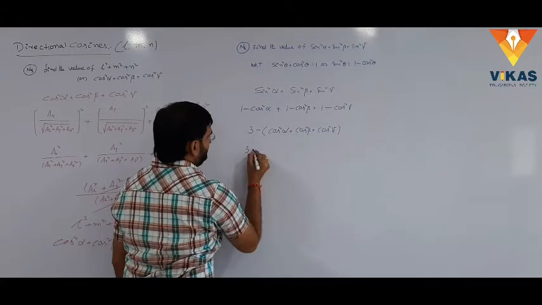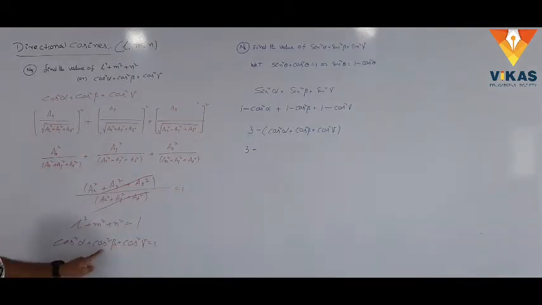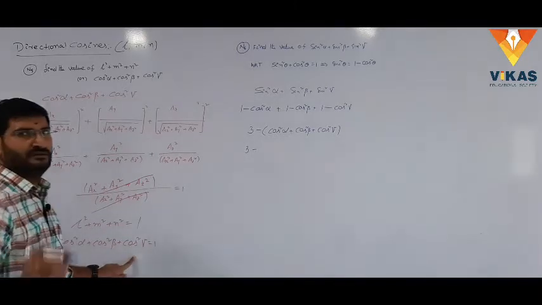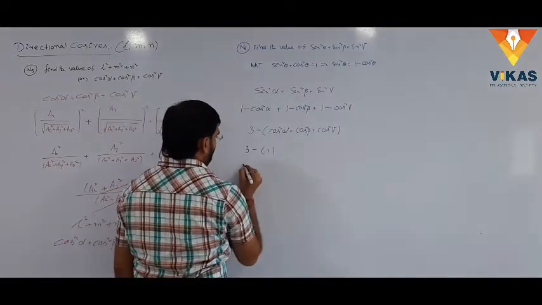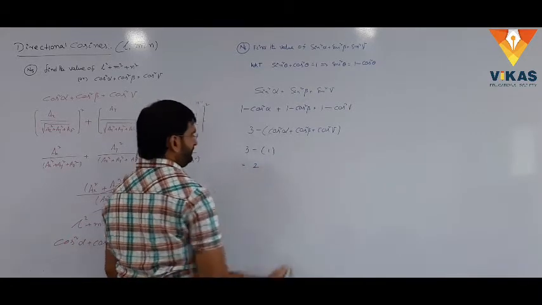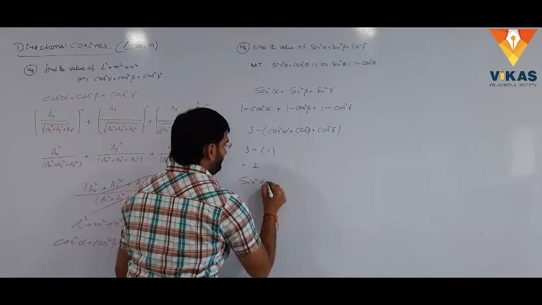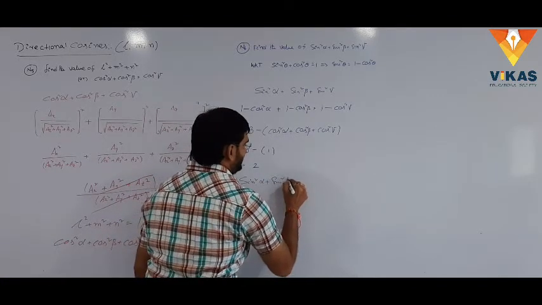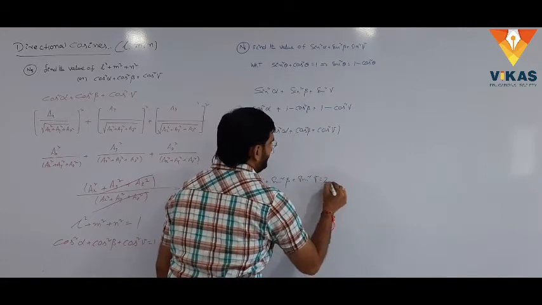Here 3 minus, we know the value of cos square alpha plus cos square beta plus cos square gamma equal to 1. Substitute here 1. Simply the value is 2. What is the value of sin square alpha plus sin square beta plus sin square gamma? Equal to 2.